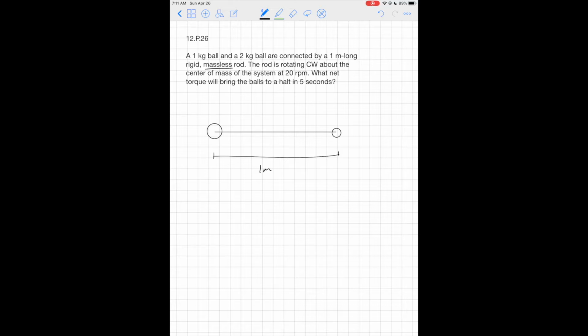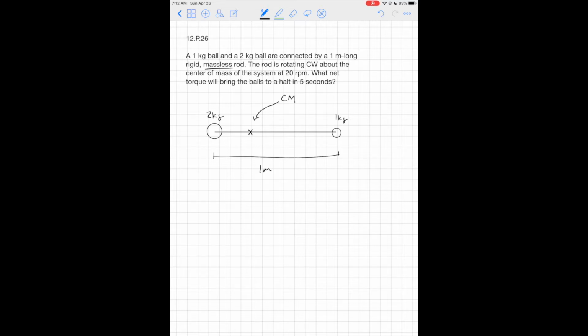It has to be through the center of mass of the system here, right? So if I have my 2 kilogram ball here and 1 kilogram ball here, my center of mass of the system is going to be biased towards the 2 kilogram ball. This is going to be my center of mass of the system.